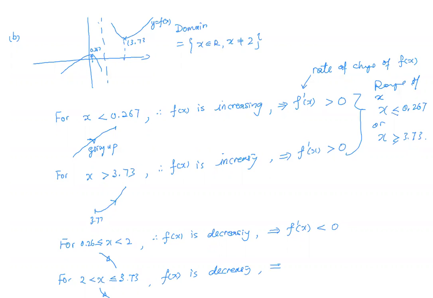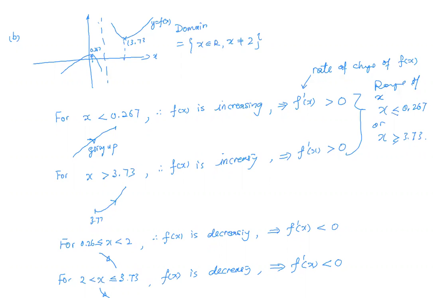So this implies f prime x is less than 0. Are you okay? Now from the f(x) graph, how am I going to know the value of x that will make f(x) increasing or decreasing?